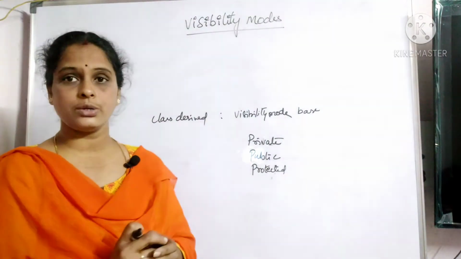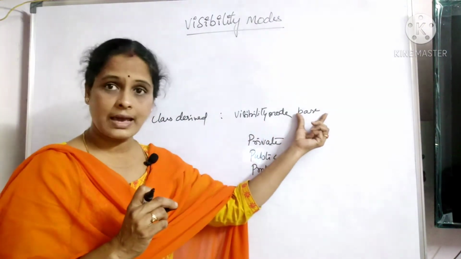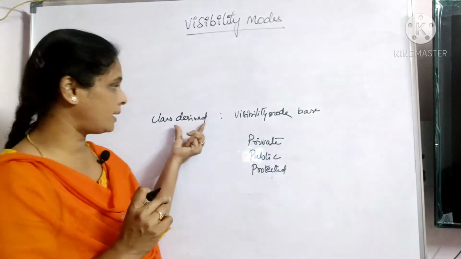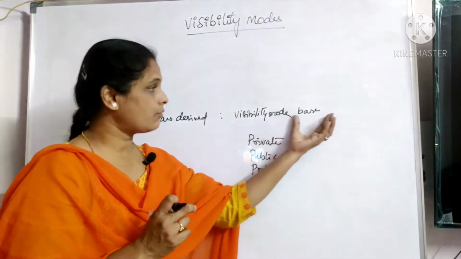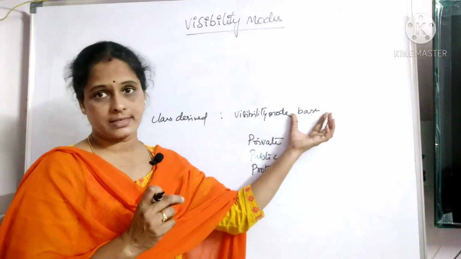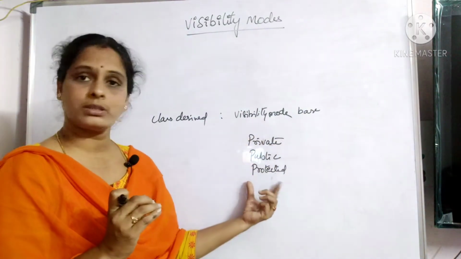Any one of these can be used, and depending on the mode we use, the base class is going to have its scope in the derived class. Up to what extent it is used, the scope will be decided depending on this only.